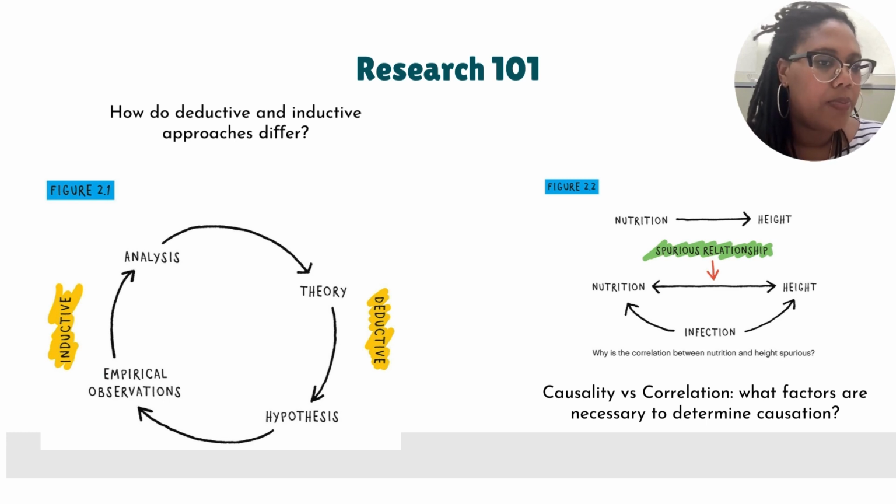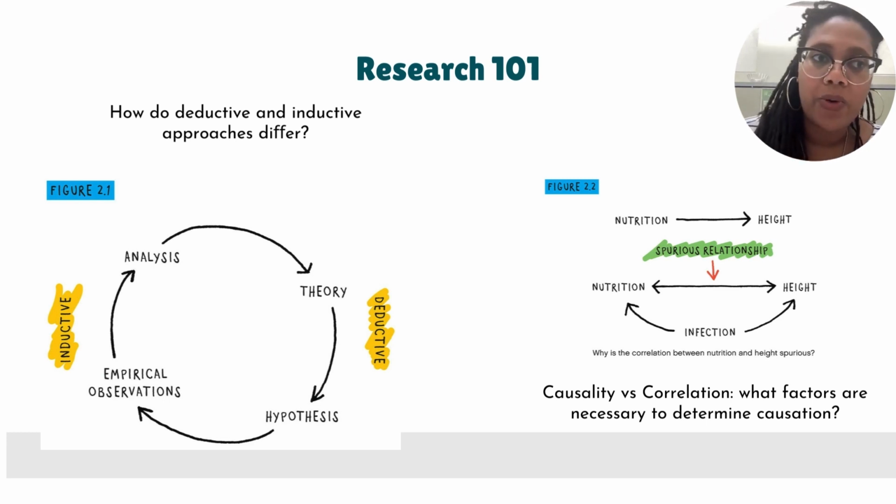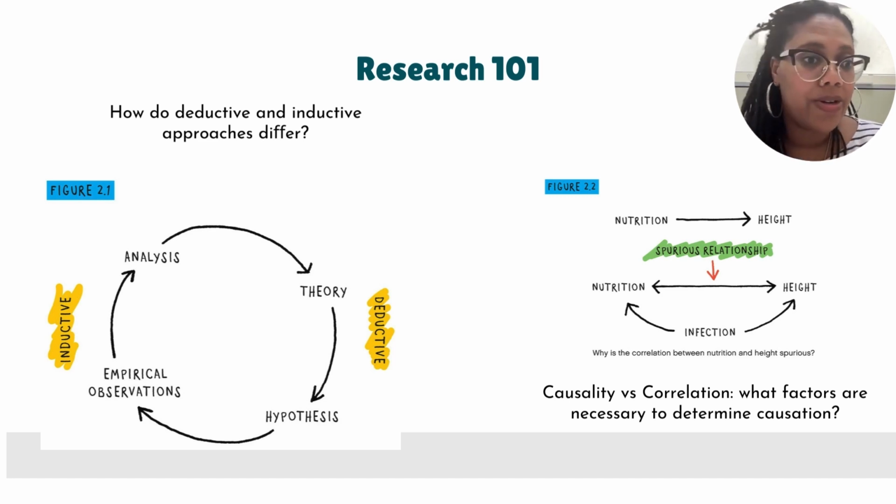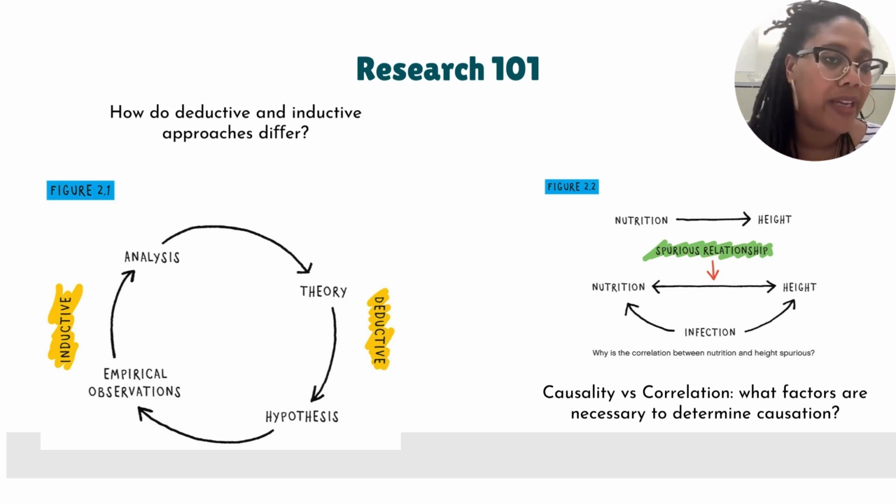And so it could be a correlation, right? We could say that someone with more height will have better nutrition, maybe as a result of being bigger or taller. We could say that someone with good nutrition could have better height. But also, we can see that there could be some exogenous variables like infection that could impact both of these variables, nutrition and height, and cause a change as well.